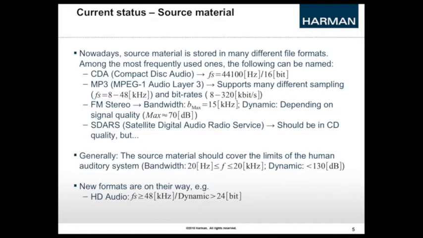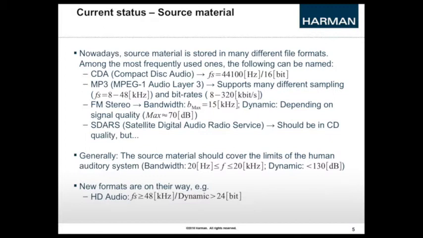So this is probably also one of the reasons why nowadays HD audio is a big thing. I don't know if you have been to the CES, and I guess Sony is heavily promoting HD audio, and this also makes some sense. One reason is that the bandwidth has to be covered, because you have some problems with FM stereo, but you also have some problems with MP3 depending on the sampling rates they're using.